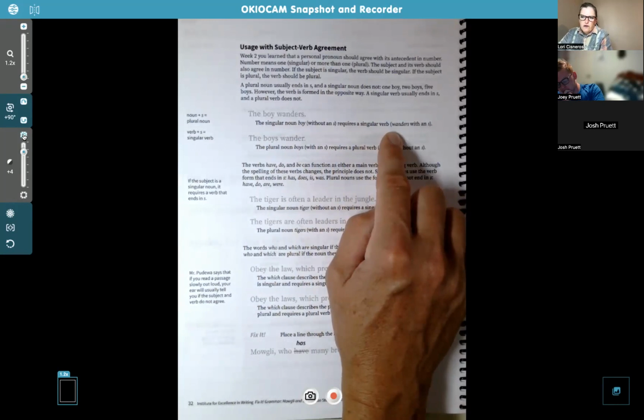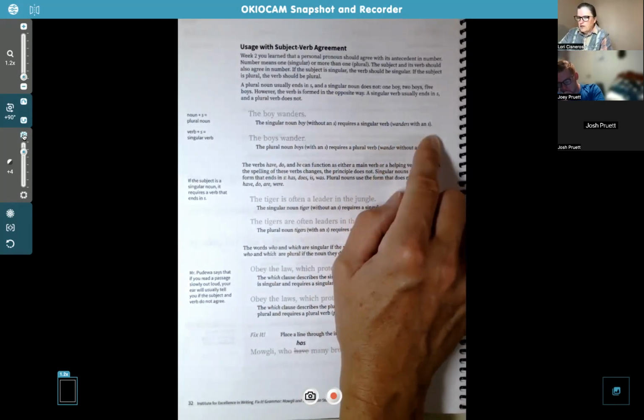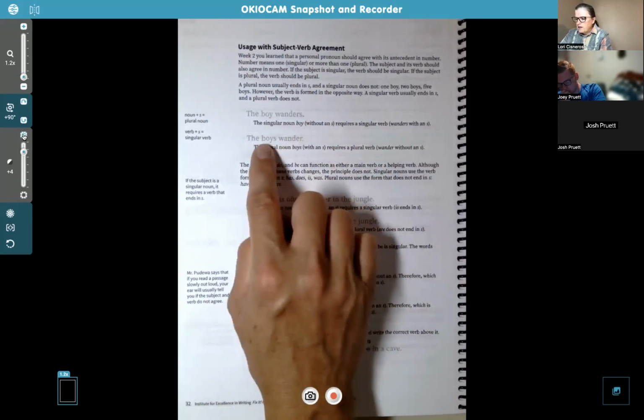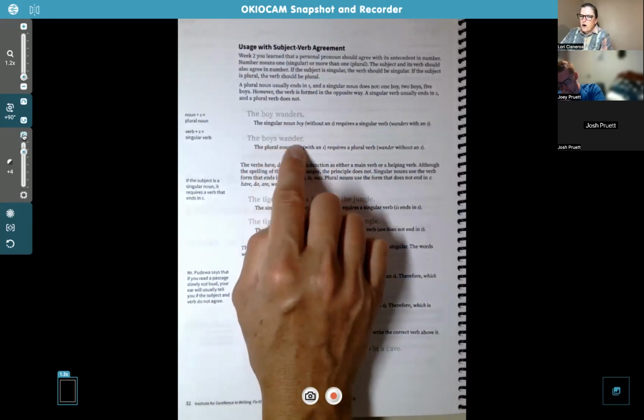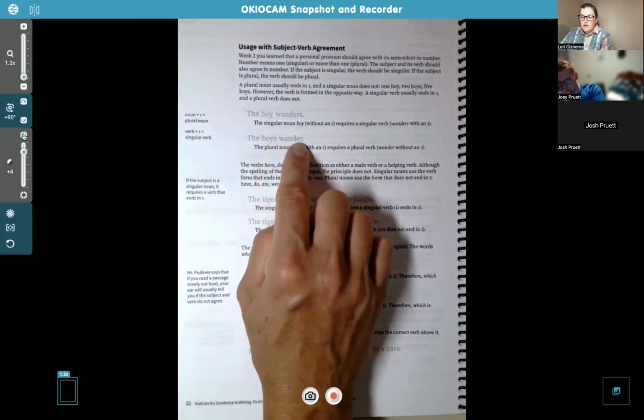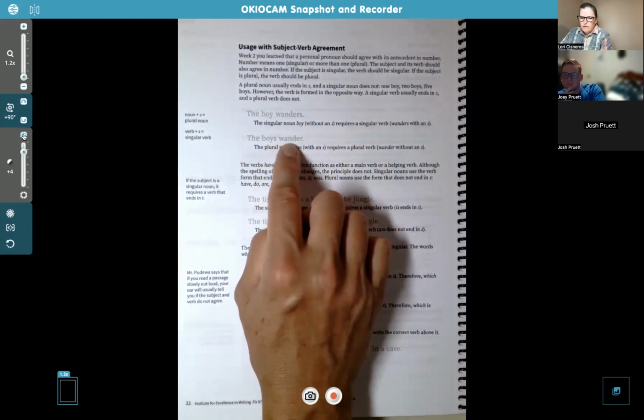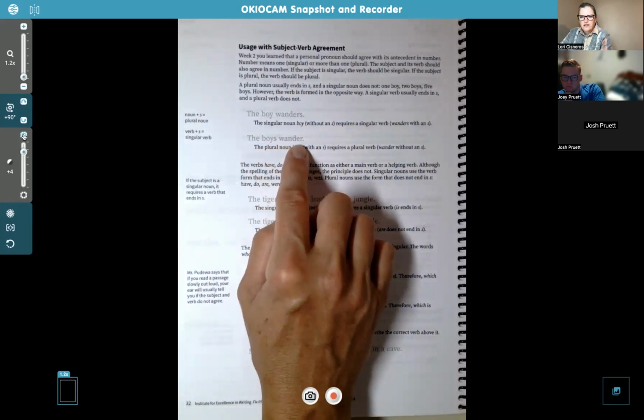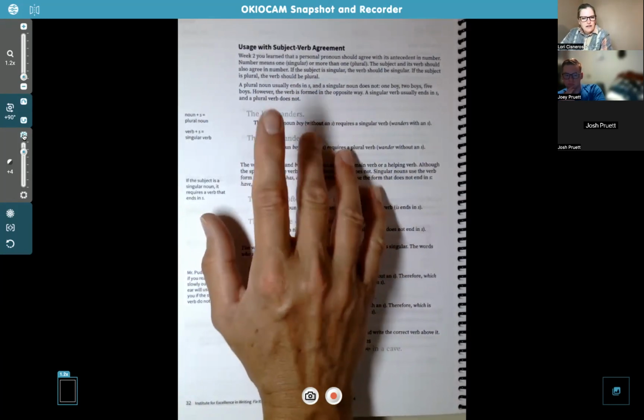And then the singular verb does have the S. So if you have a singular noun, it goes with a verb with an S. And the next one says the boys wander. So if you have a plural noun, the verb does not have an S. So it just sounds right. The boys wander. If you say the boys wanders, obviously you'd be like, no, that's not right. So just listen to how it sounds.